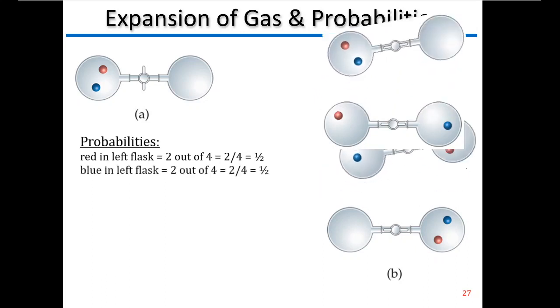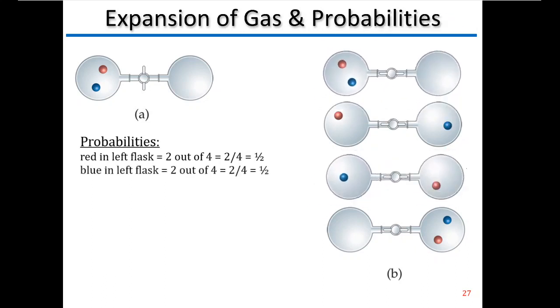What if we're talking about the blue particle being in the left flask? Now we have this one and we have this one, so very similar. 2 out of the 4 times, so 2 over 4, or 1/2. So 1/2 of the time, the blue particle will be in the left flask. Now what about both of them being in the left flask?